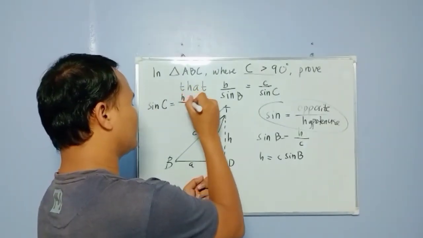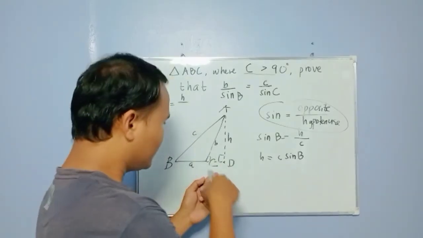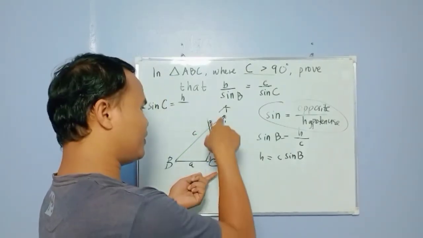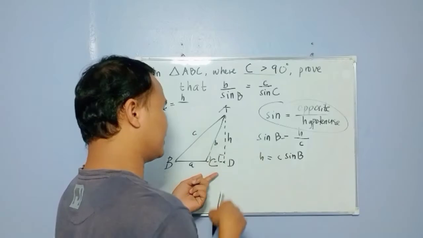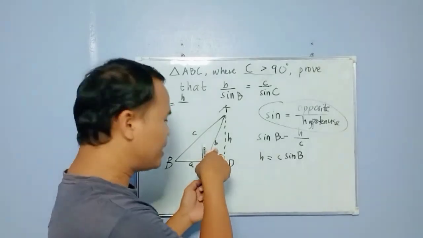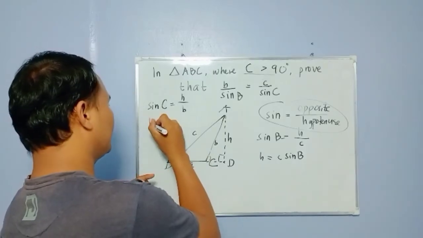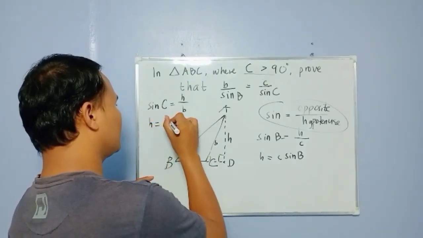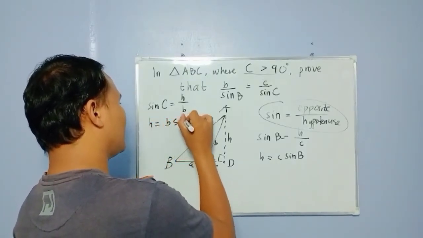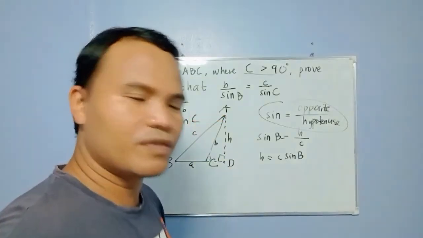It is H, the height, over the hypotenuse of this smaller right triangle, which is small letter b. Solving for the height by cross multiplication, it is b times sine C.